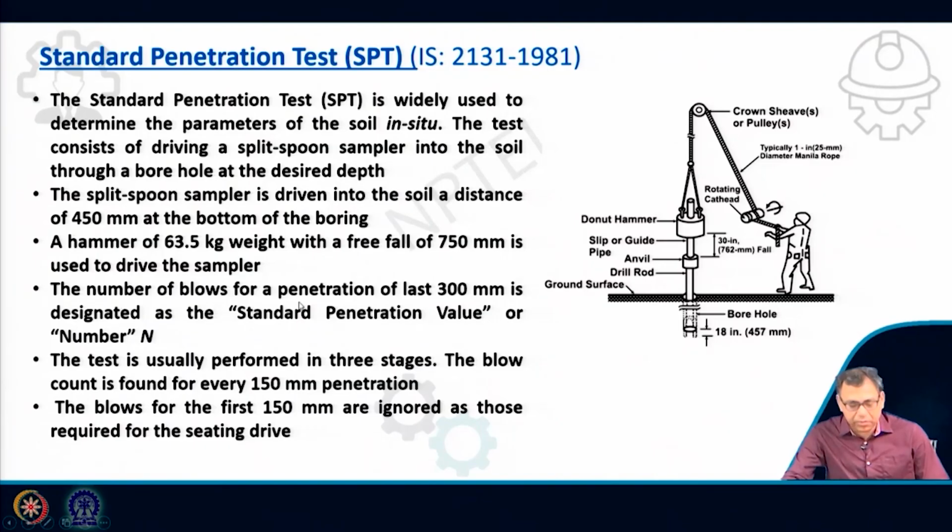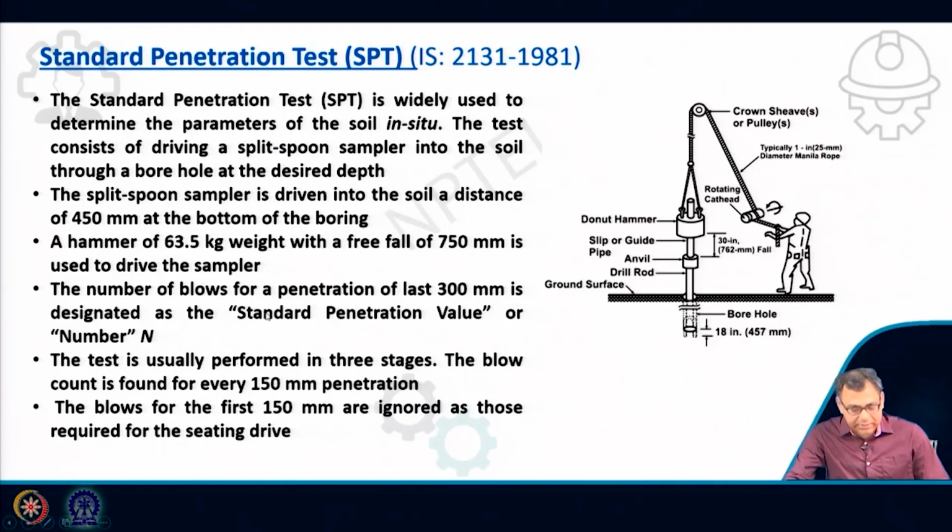The number of blows for a penetration of 300 millimeter is considered as the number N, the SPT N value, or standard penetration value. So that means we will drive it for 450 millimeter. Now for the 450 millimeter, for every 150 millimeter we count the number of blows required to penetrate that 150 millimeter.